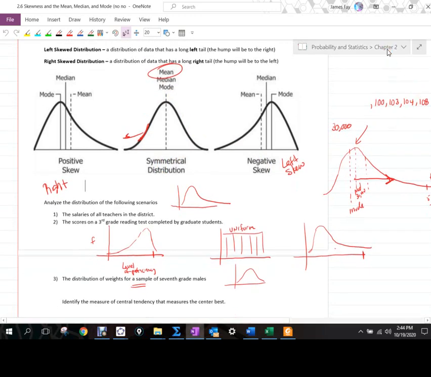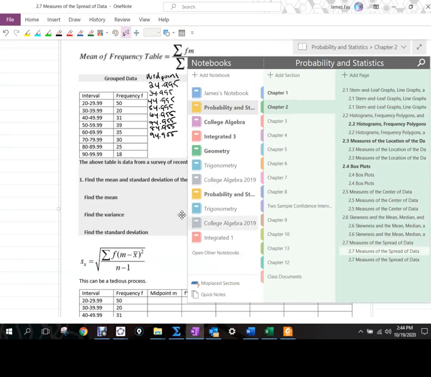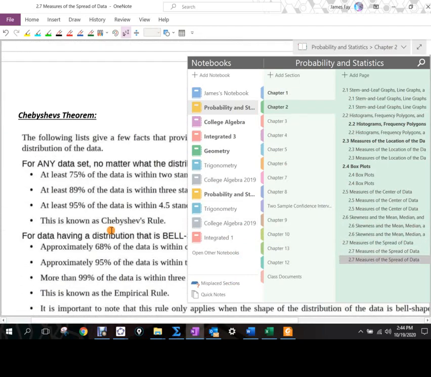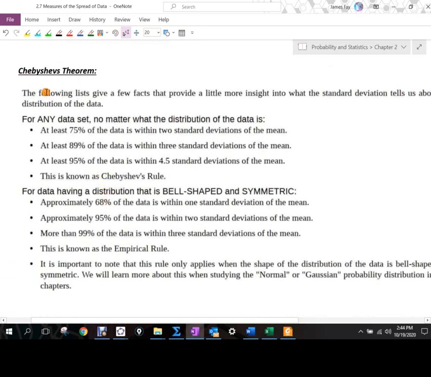Okay, so that introduces what we call Chebyshev's theorem. I think Chebyshev was Russian. Chebyshev's theorem says the following list gives a few facts that provide a little more insight into what the standard deviation tells us about our distribution.